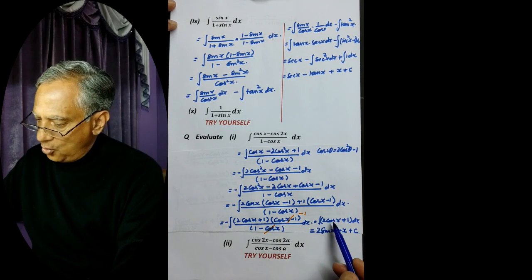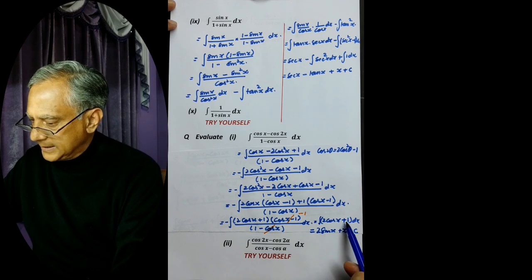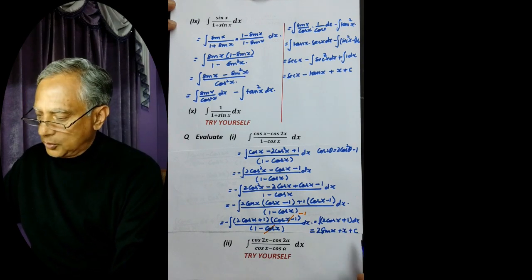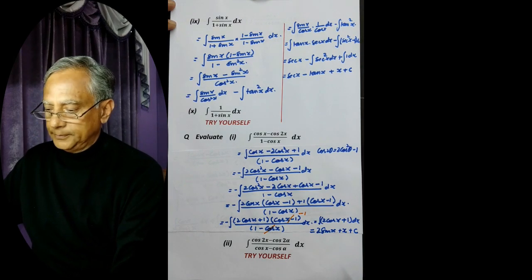So the answer will be 2 sin x plus x plus c. Integration of cos is sin x. Integration of 1 is x plus c. So this is the answer.